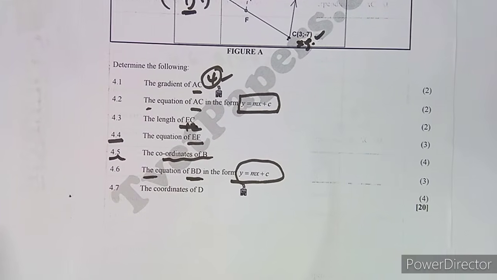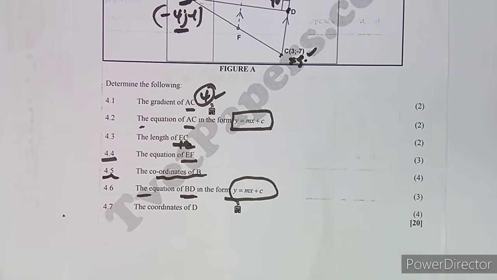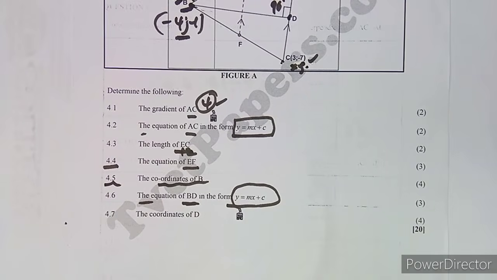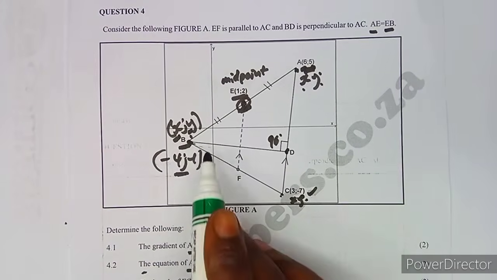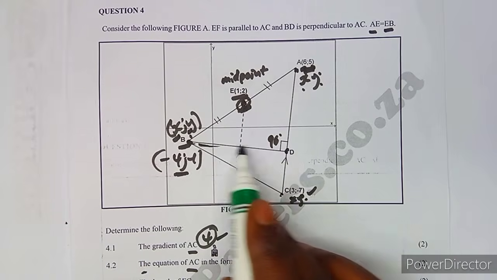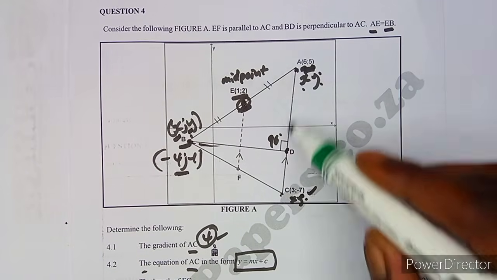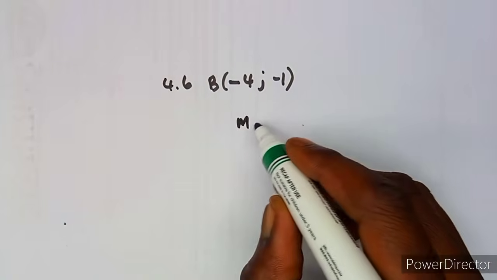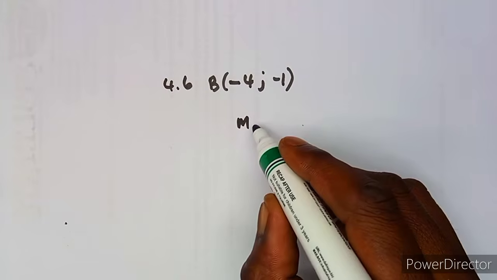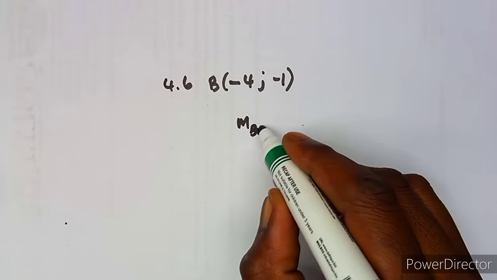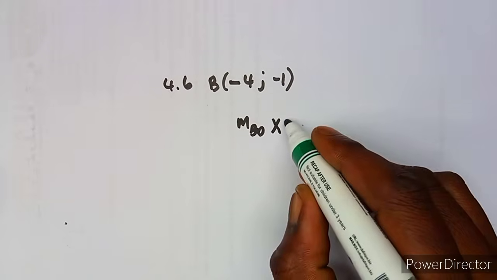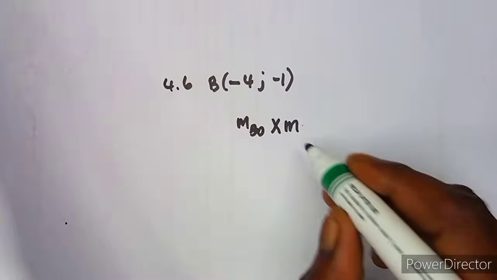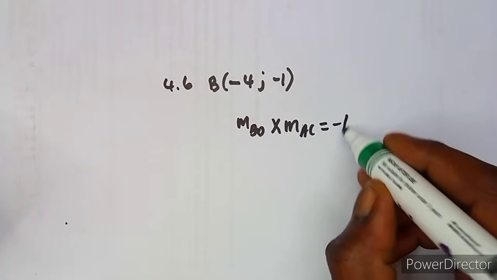Remember we need to find the equation, but we only have the point. Where are we going to get the gradient? If you cross-check BD here, we are given before that BD is perpendicular to AC. And we know that for perpendicular lines, the product of the gradients, the gradient of BD multiplied by the gradient of the other line it is perpendicular to, which is AC, is going to give us -1.